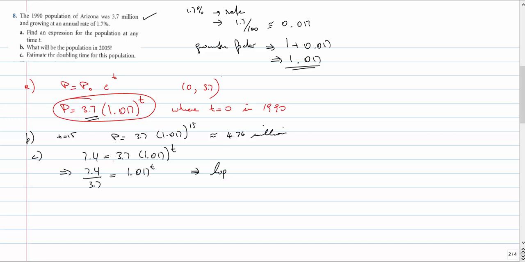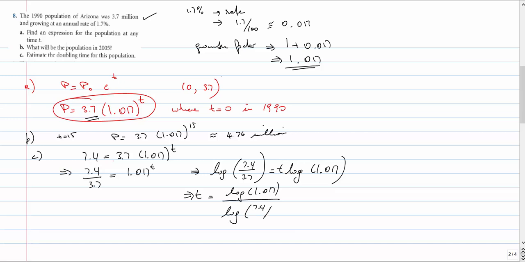From here, log of 7.4 over 3.7 is equal to t log of 1.017. And so t is equal to log of 7.4 over 3.7 divided by log 1.017, and this will be approximately 41 years. So the population will double in approximately 41 years.